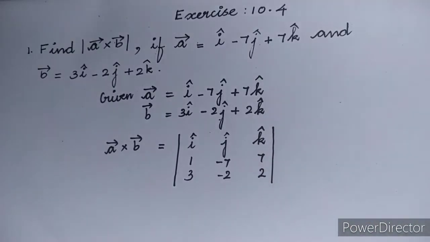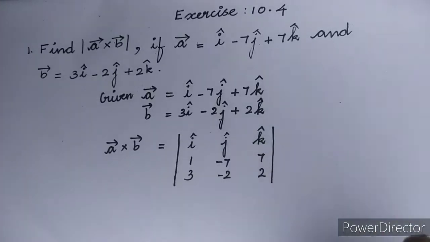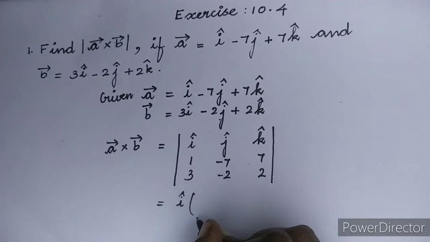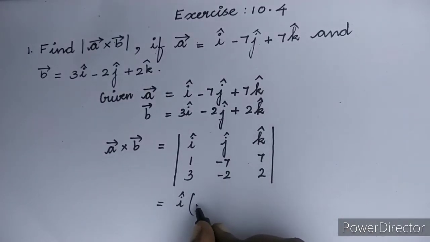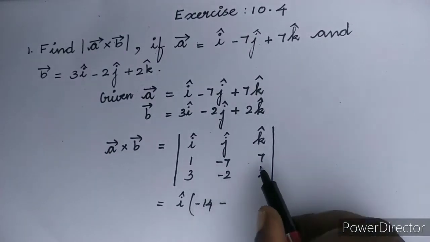We already learnt how to expand along row 1. Now we are going to expand along row 1. This is equal to i cap into minus 7 into 2. Minus 7 into 2 is minus 14 minus minus 2 into 7.